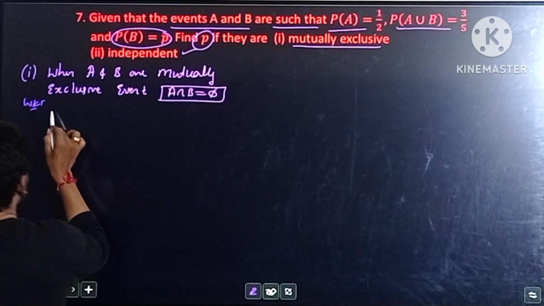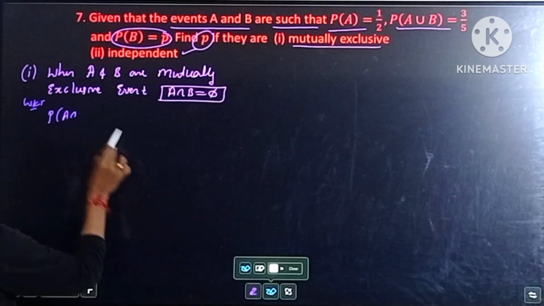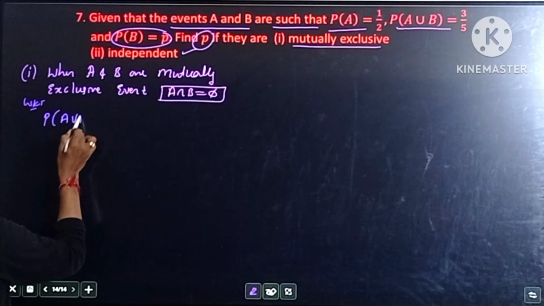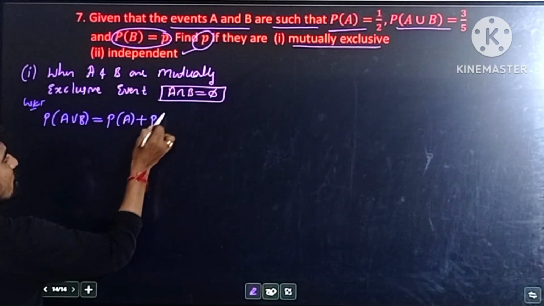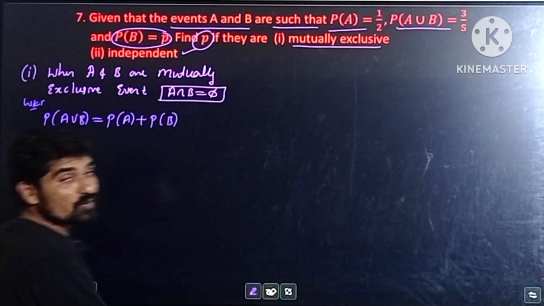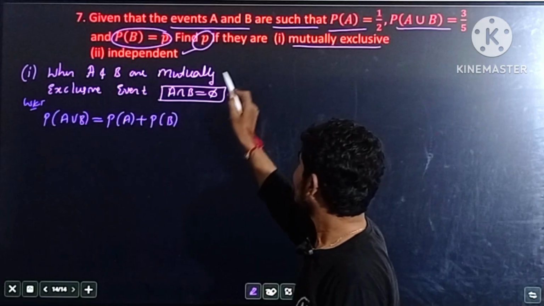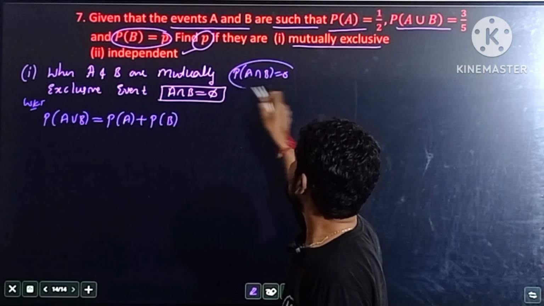So when A and B are mutually exclusive events, we know the formula for probability of A union B is equal to probability of A plus probability of B minus probability of A intersection B. Since A intersection B is the null set, probability of A intersection B is equal to 0.